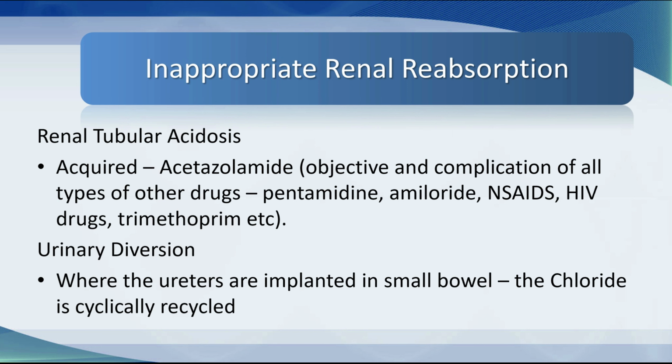And that's why it's frequently used for metabolic alkalosis. It's also a complication of some other drugs, such as pentamidine, amiloride, non-steroidals, some of the HIV drugs, trimethoprim, etc. It's also seen following surgery where urinary diversion was done and ureters are implanted in the small bowel. And what happens there is the chloride is just reabsorbed and it keeps going around and around.